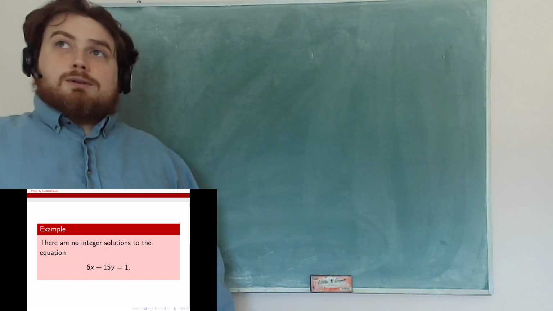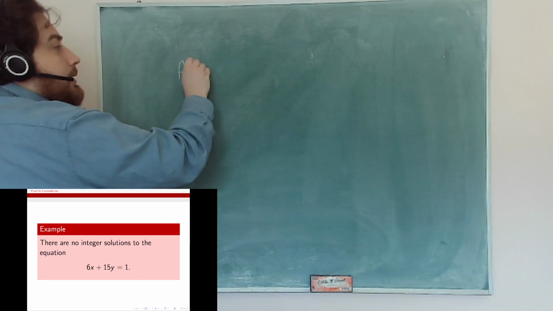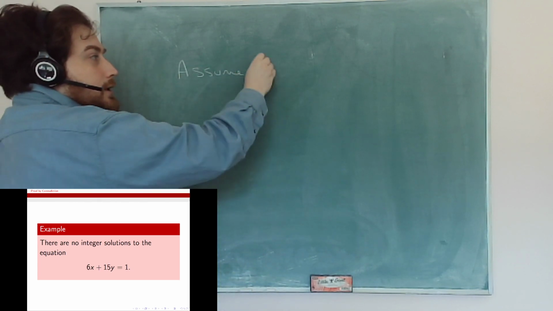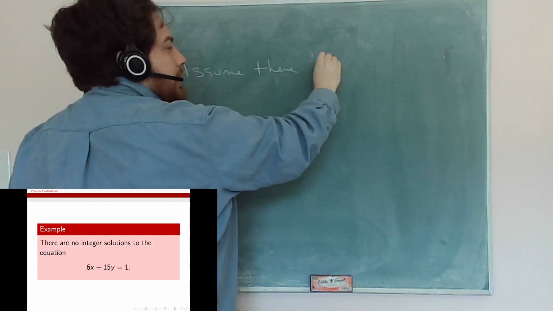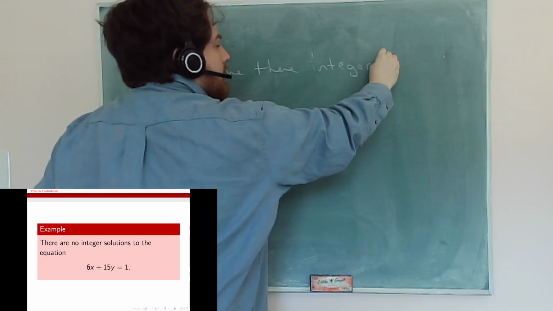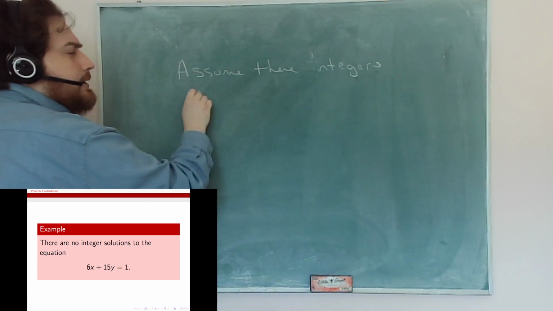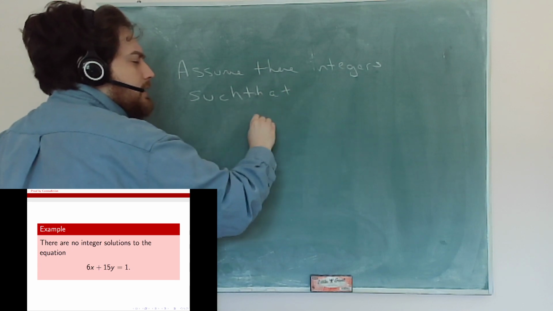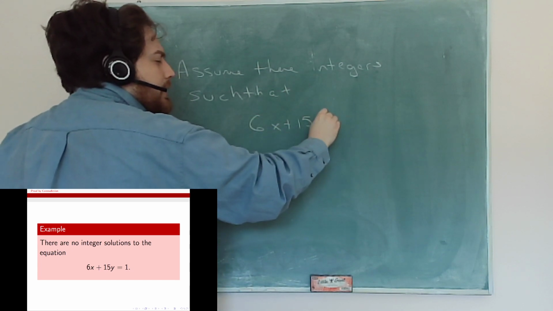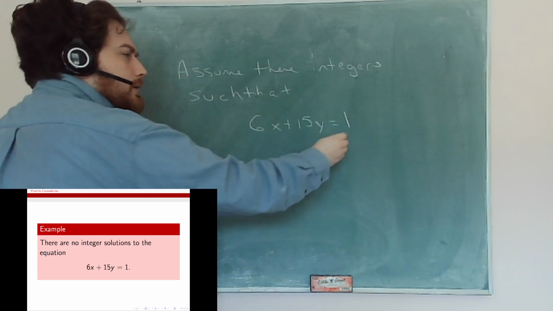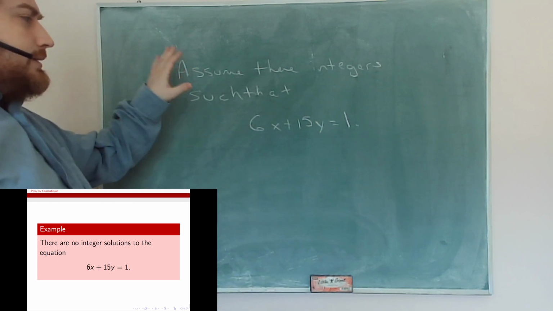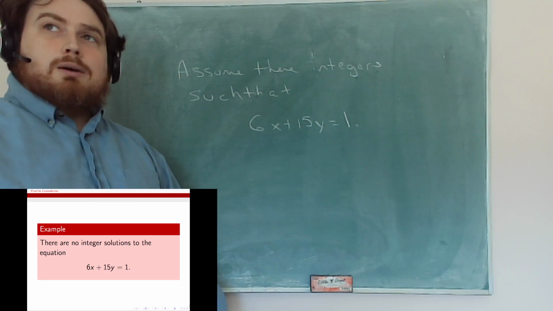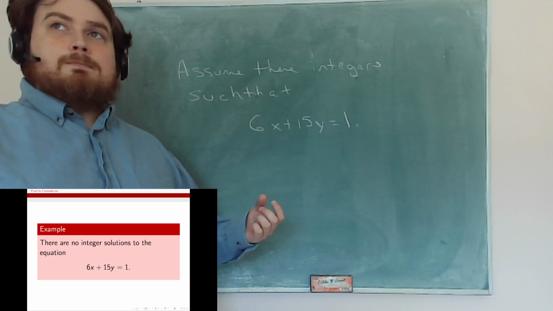The negation of "there are no integer solutions" is "there are integers x and y such that 6x plus 15y is equal to 1." And we want to find some type of contradiction.